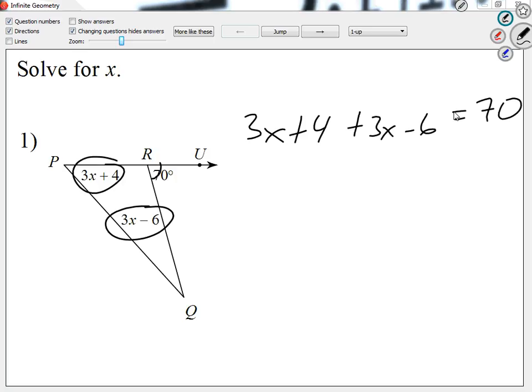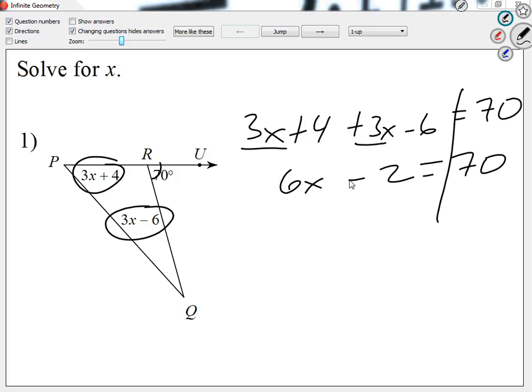Alright, let's separate through the equal sign. Let me simplify the left. How much is 3x plus 3x? 6x. How much is 4 minus 6? Negative 2. So we have 6x minus 2 equals 7.